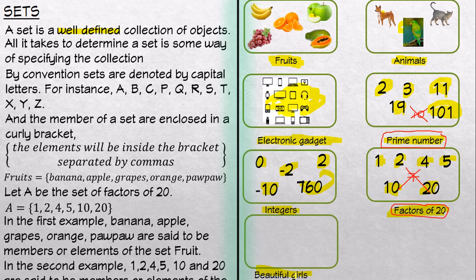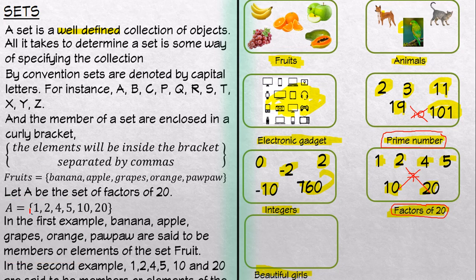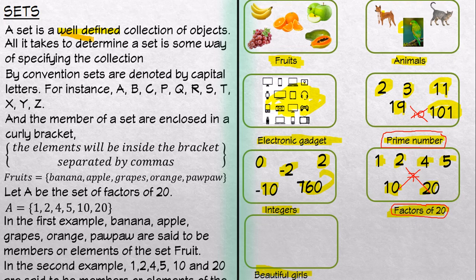So if you ask for the set of beautiful girls, I might include someone like Rahel. To me, Rahel might be beautiful, but to you, she is not. So it means that it fails to be well defined. Because it fails to be well defined, we cannot have this as a set.